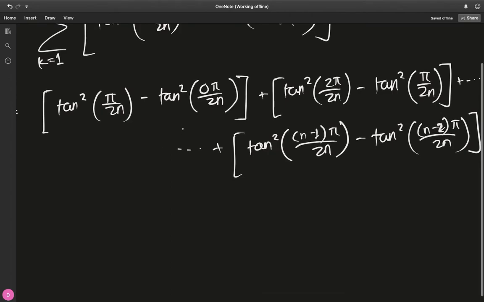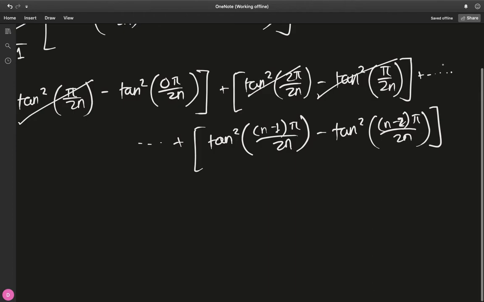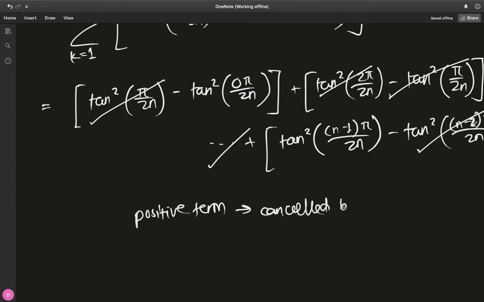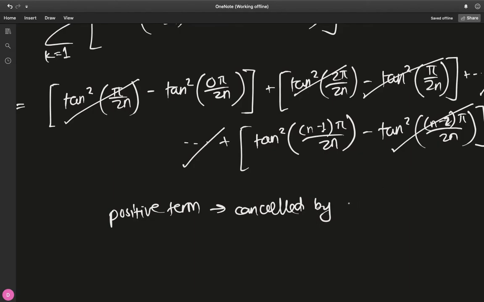Anyways, notice that this term is cancelling out with this term. This term will cancel out with a term that's going to be afterwards, and this term will cancel out with the previous term, because notice how the pattern is going. A positive term will get cancelled by a future negative term, the next negative term in a forward iteration for a greater k.